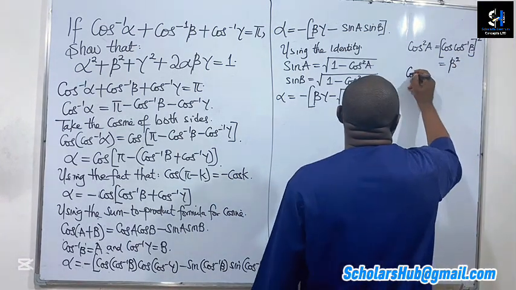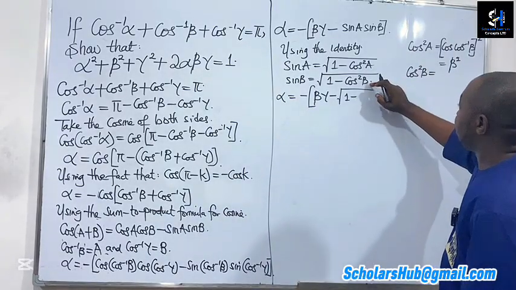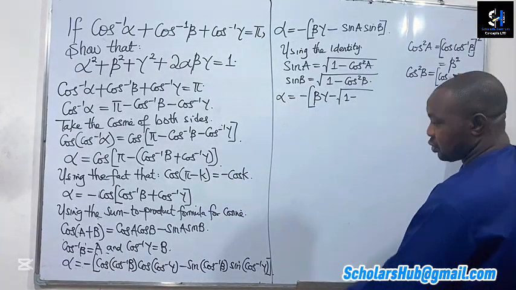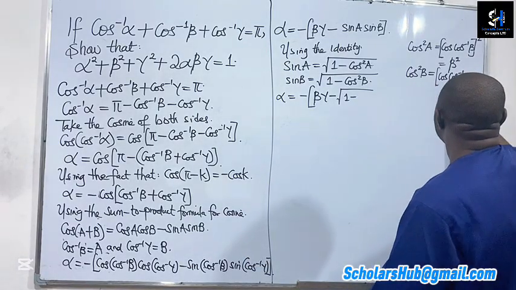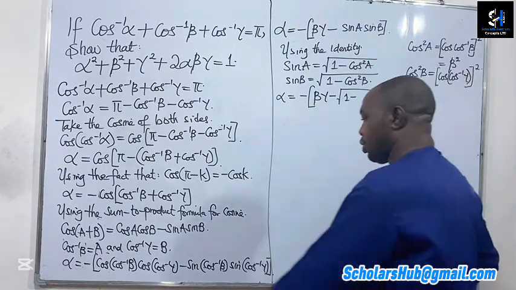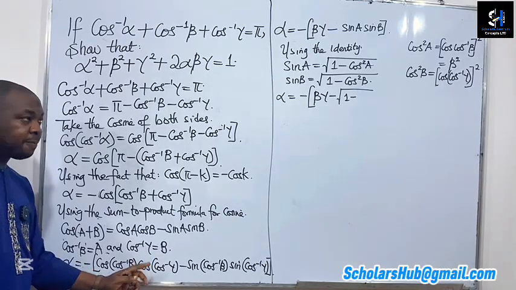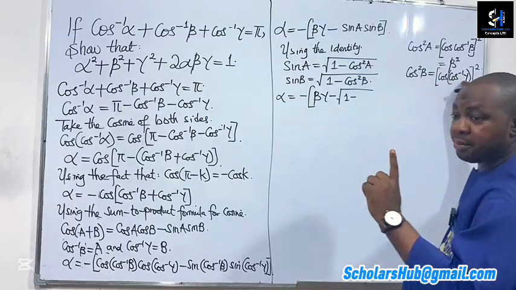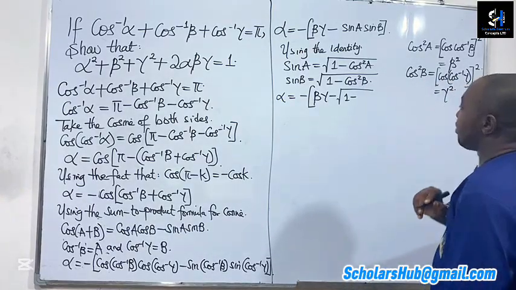Then if we have cos²B, which is what we have here, cos²B will be the square bracket of inverse cos of gamma raised to the power of 2, because B is equal to inverse cos of gamma. So we cancel this, and we'll be left with gamma raised to the power of 2, so this will be gamma squared.